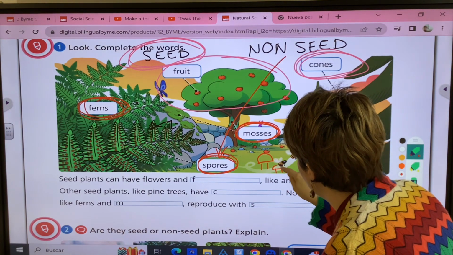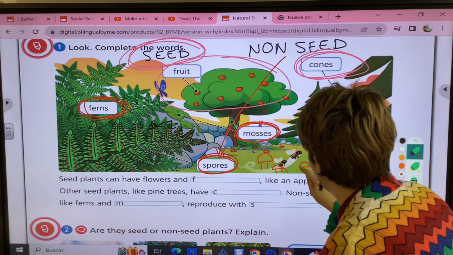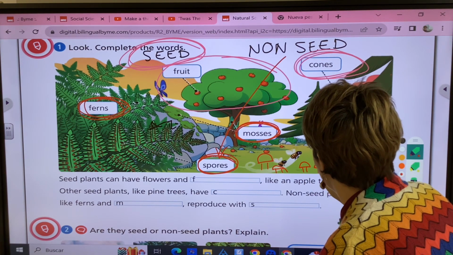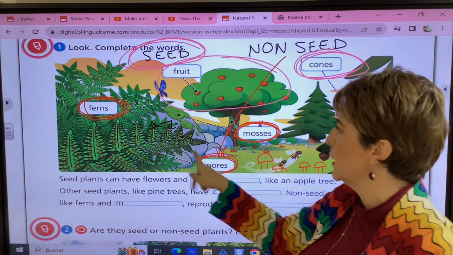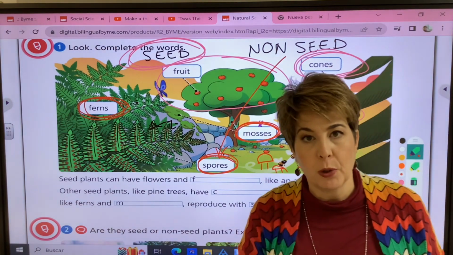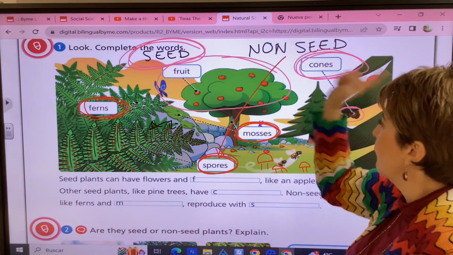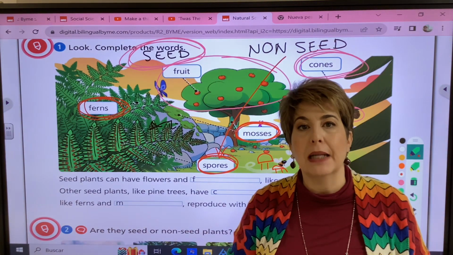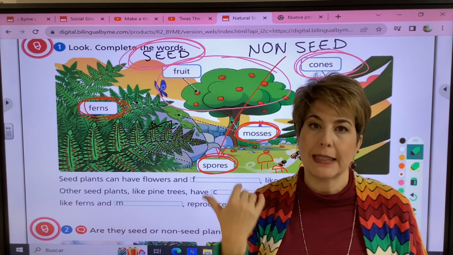Mushrooms that we could put here. Lots of different mushrooms. They also have spores. Okay? Mushrooms have spores. So ferns, mosses, and mushrooms reproduce with spores. Fruits and flowers indicate that the plant reproduces with seeds.